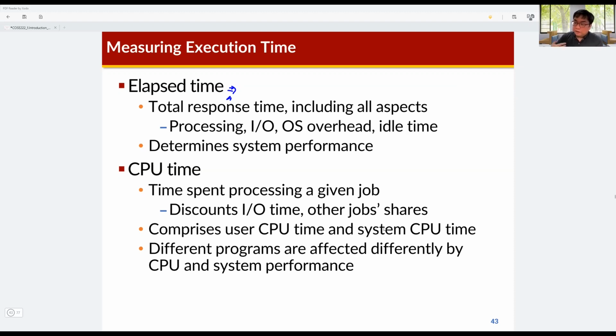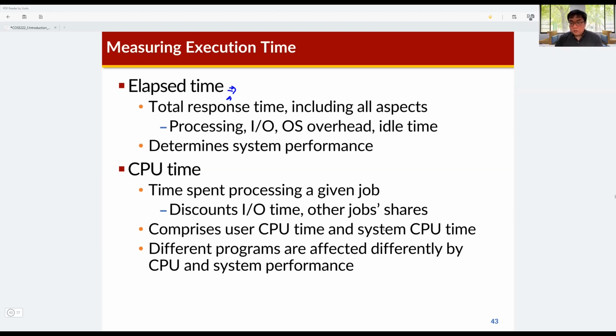But in the previous class, I explained that the computer is a very complex system. The entire computer system is composed of many different components like the processor, memory, and input and output devices. Also, our user application runs on the operating system. So this system is very complex, composed of many layers.